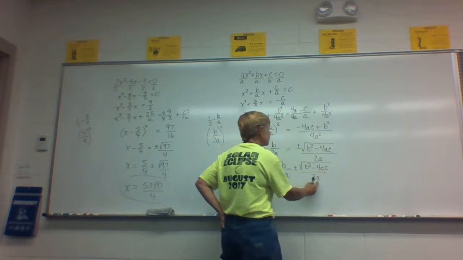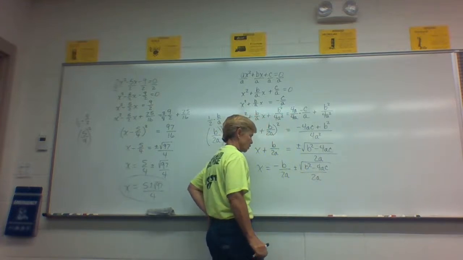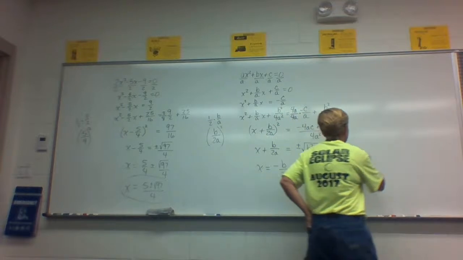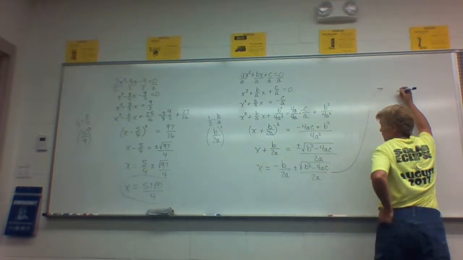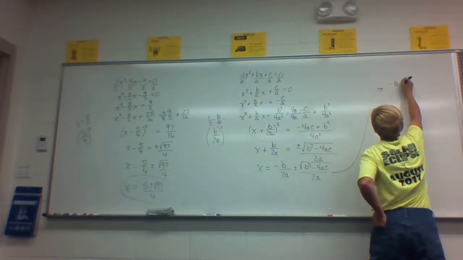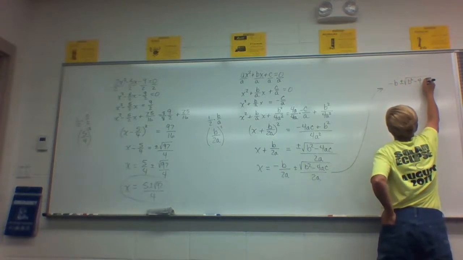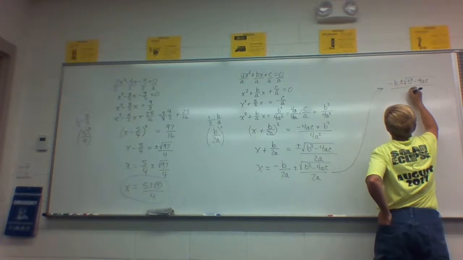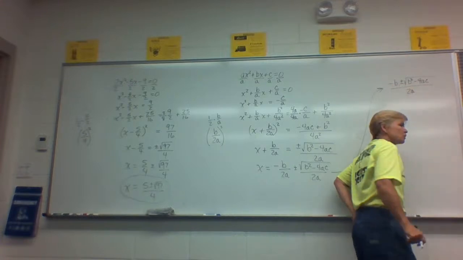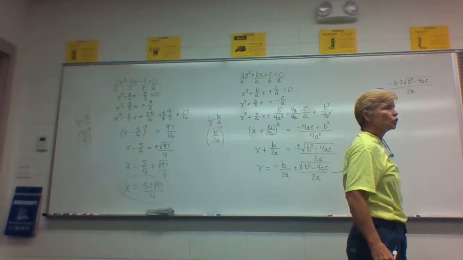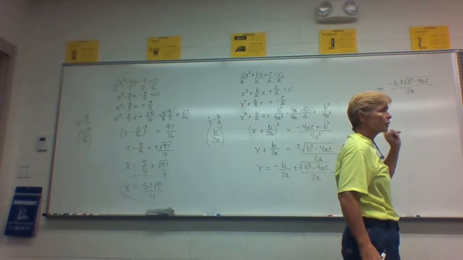And lo and behold, the denominators are the same, which means that we can dump them all over 2a. So it's going to be negative b plus or minus the square root of b squared minus 4ac, all over 2a, and you had better recognize that. You have worked with this before, or you wouldn't be in this class.